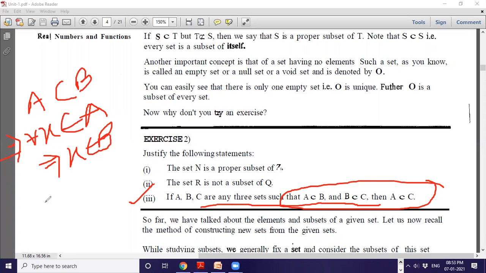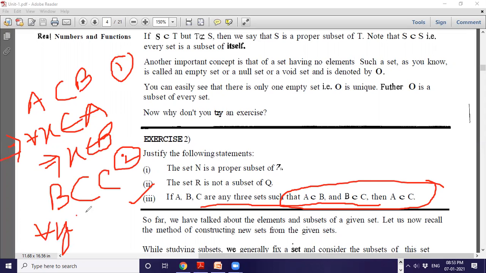Okay? Then B is a subset of C is also given. ये तो दिया हुआ है. So this means what? For all Y belongs to B, this implies Y belongs to C. ठीक है?